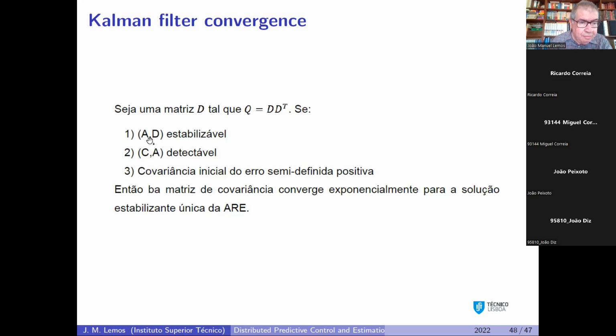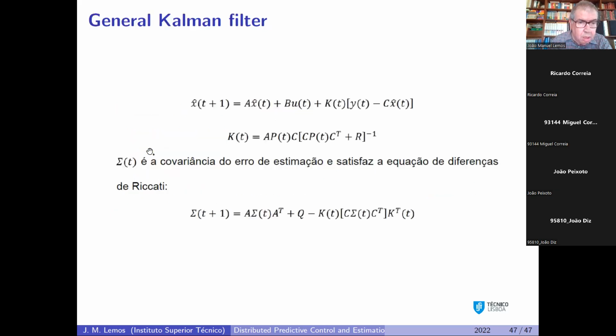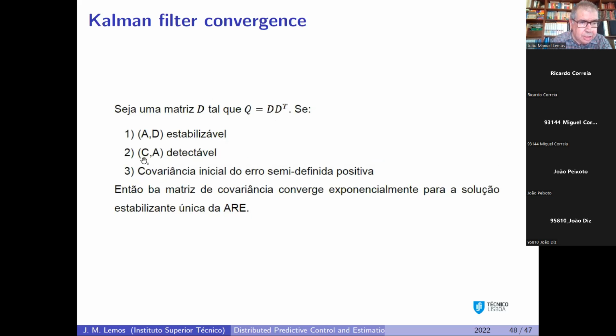If A, D is stabilizable and C, A is detectable, where C is the matrix of observations and A is the matrix of dynamics, and if your initial estimate of the error covariance is a positive semi-definite matrix, then your algorithm will converge.